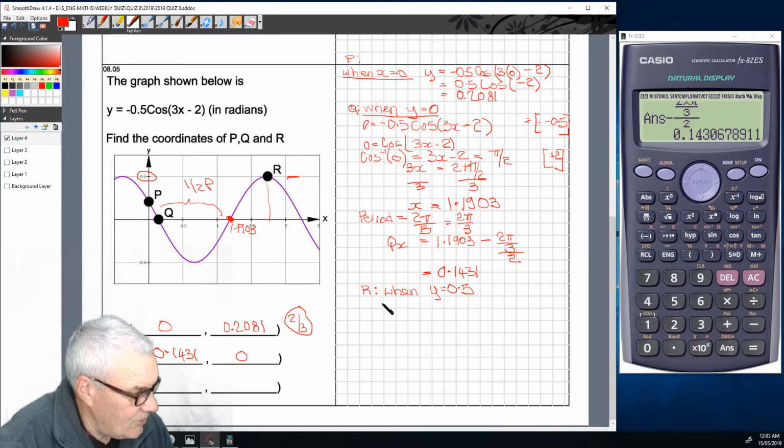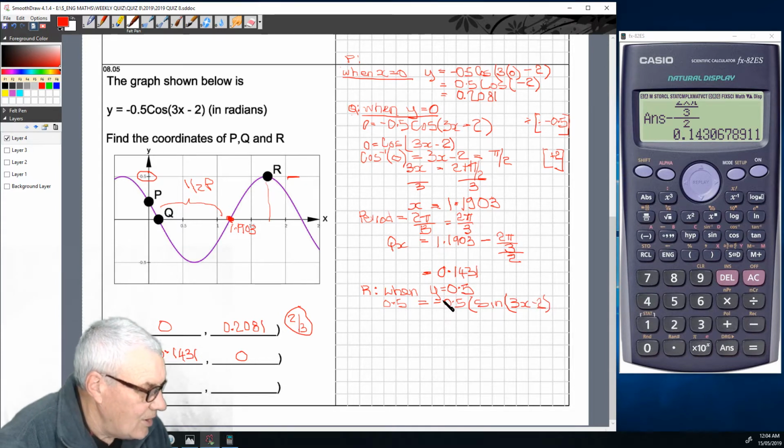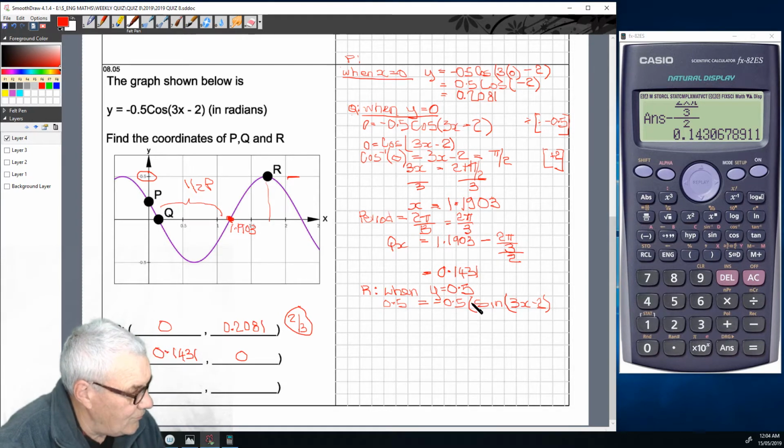So now what we get is 0.5 equals negative 0.5, sine 3x minus 2. It's pretty much the same calculation, except this time we divide through by negative 0.5.